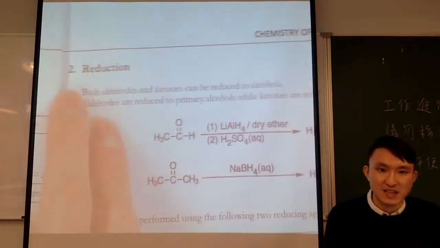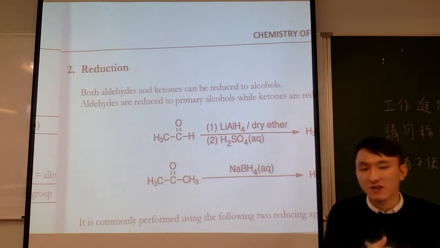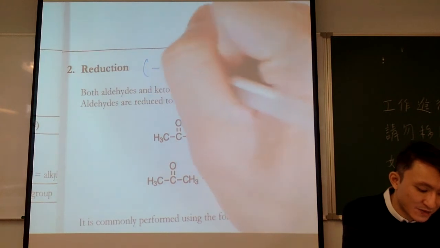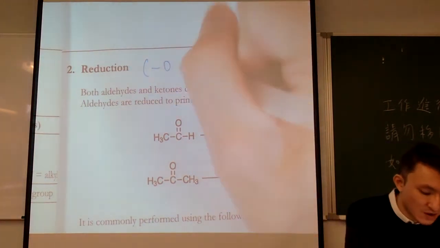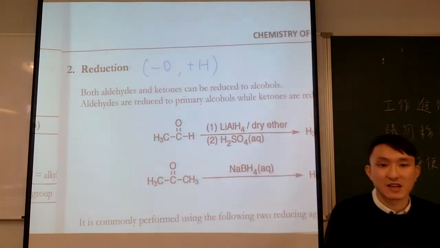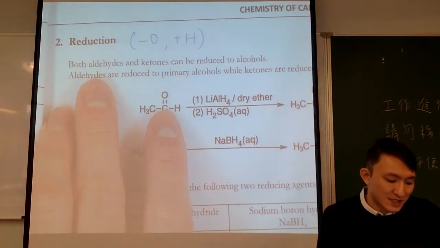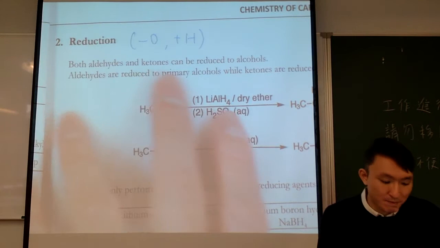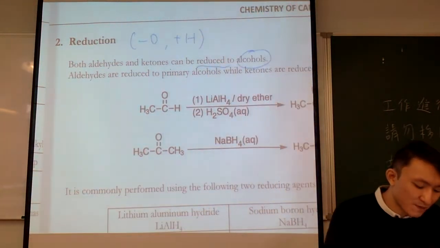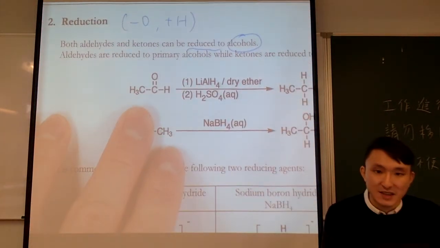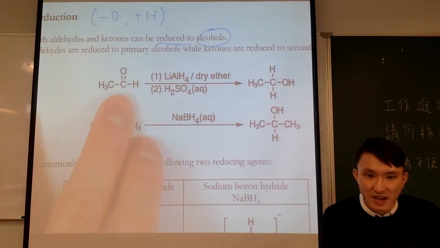For reduction, we can determine whether a reactant is reduced or not by looking at whether there is a decrease in oxygen atoms or whether there is an increase in hydrogen atoms. Now, we say that aldehyde and ketone can both be reduced to alcohol. So you see here, this is an aldehyde.